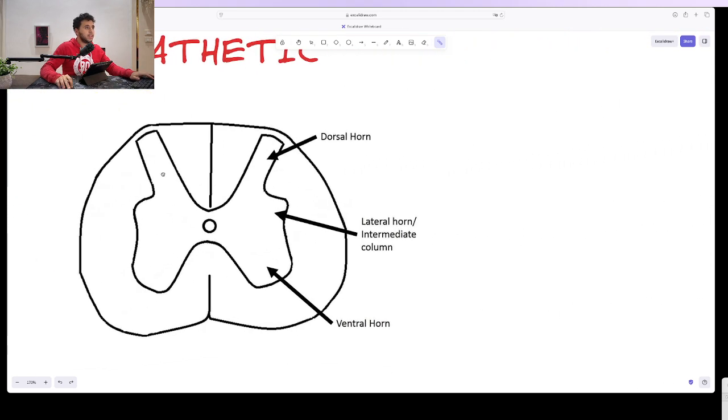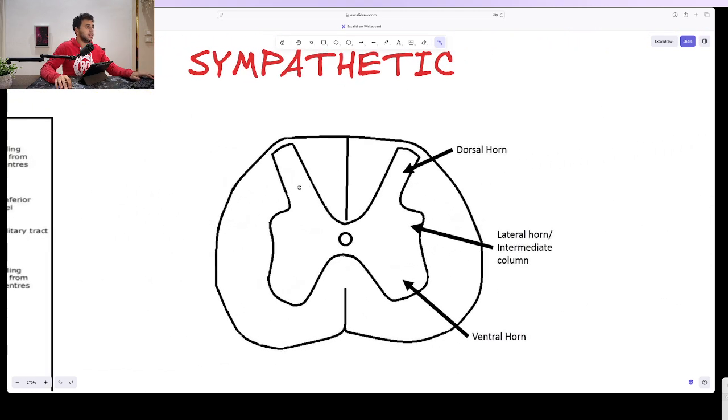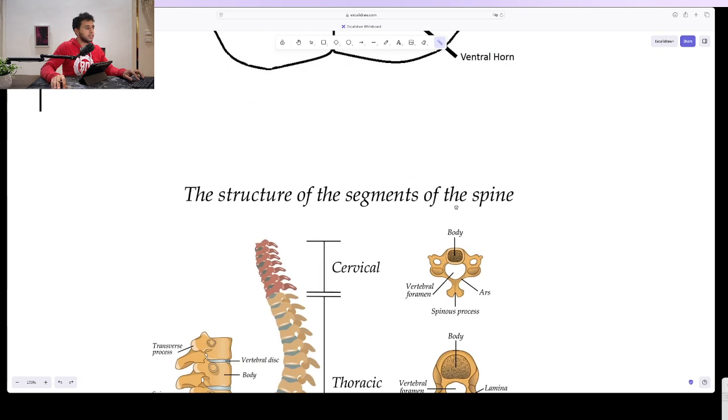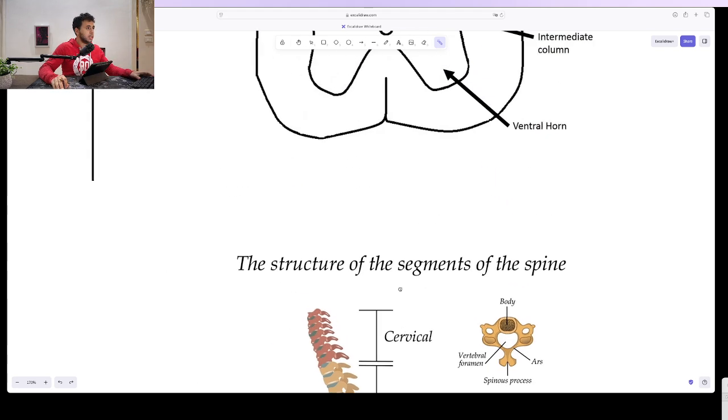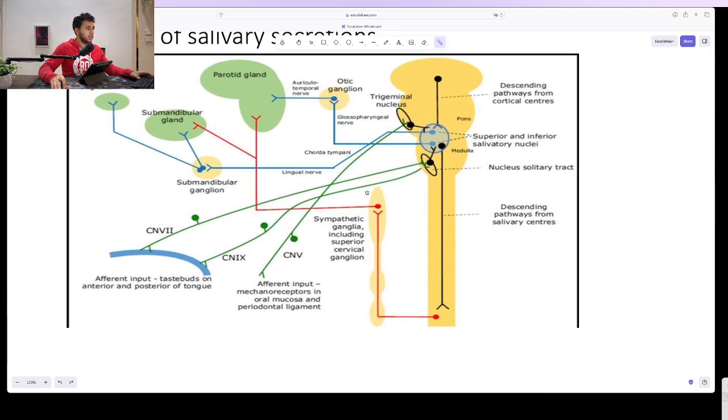Regarding the sympathetic pathway, it comes from the lateral horn of the first and the second segments of the thoracic spinal cord. If you look closely, here it is.